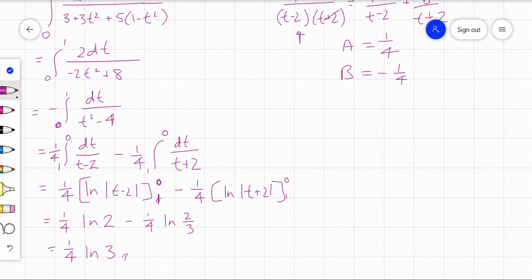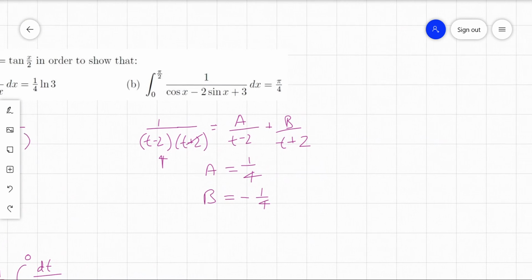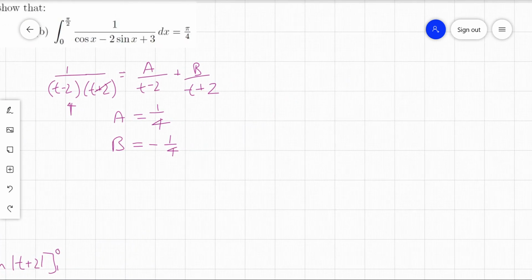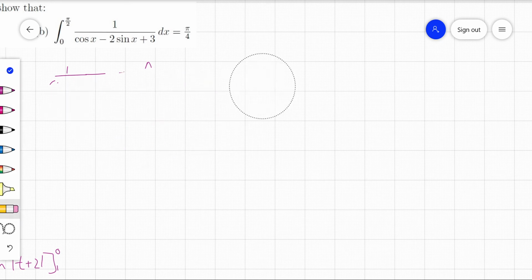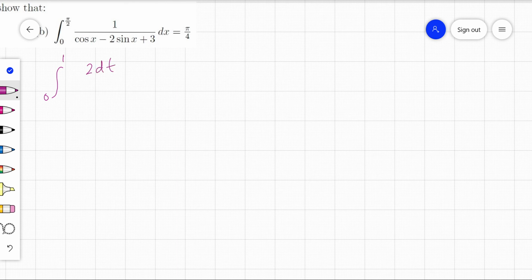If I just move over here to the second one, I'm going to make some room for us. In the same way, I'm going to do that substitution with the t. So it's now going from 0 to 1. I've got 2 dt on top.